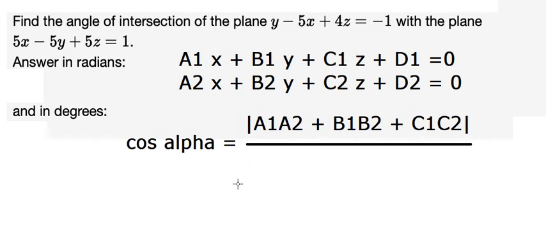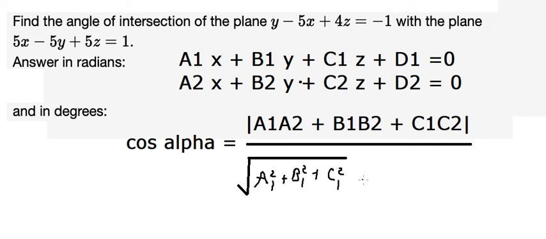On the denominator we have the square root of A1 squared plus B1 squared plus C1 squared, and the second square root of A2 squared plus B2 squared plus C2 squared.